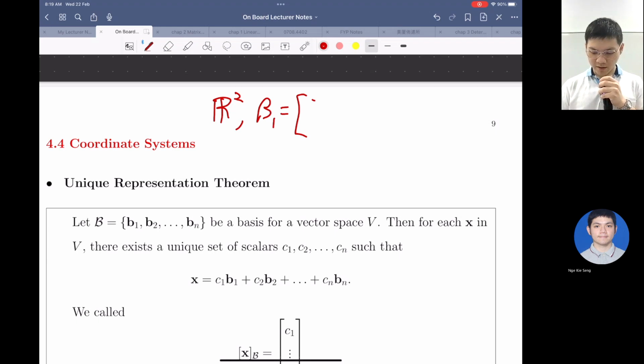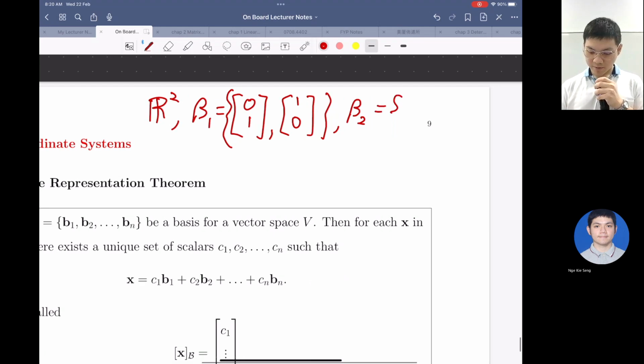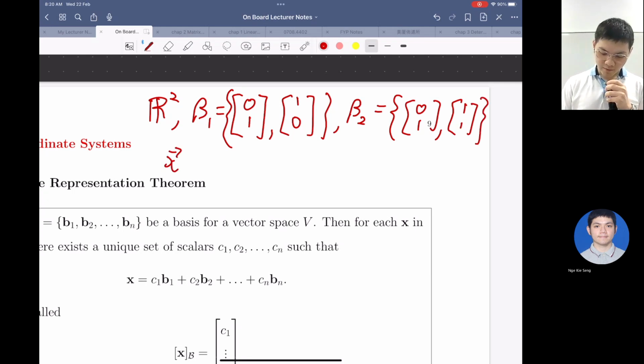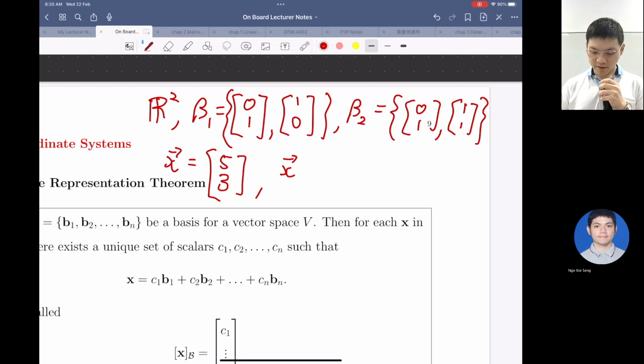For example, I can pick (0, 1) and (1, 0). And then I can pick another basis, (0, 1) and (1, 1). Let's look at one vector, maybe call it (5, 3). What's the coordinate vector with respect to B1?